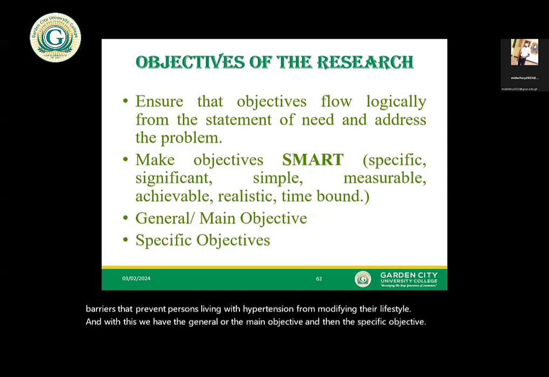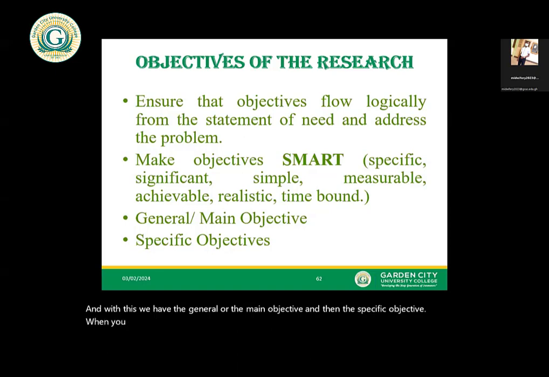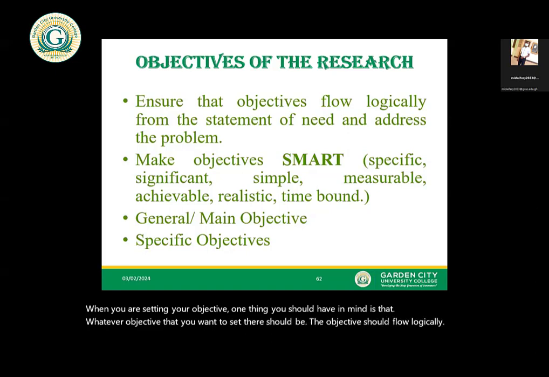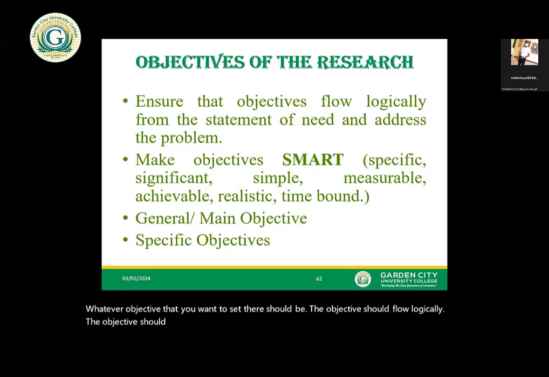When you are setting your objective, one thing you should have in mind is that the objective should flow logically. The objective should align with the purpose of your study.